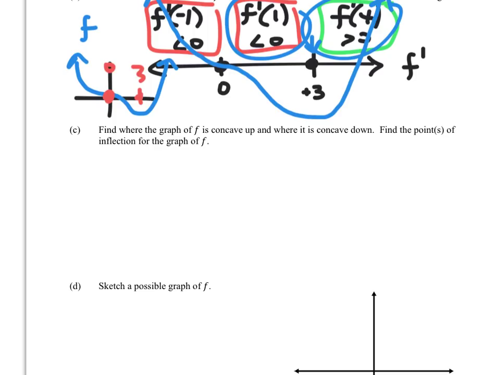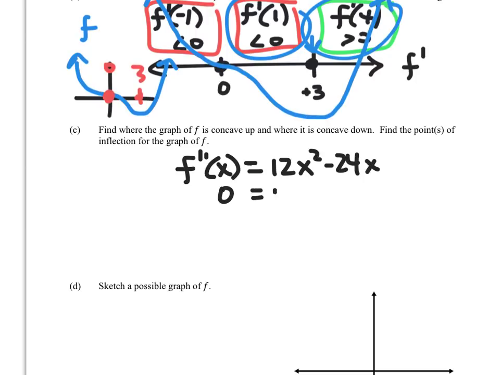In the next part I want to find where f is concave up, so I'd find the second derivative of f of x, which is just the derivative of the first derivative, giving me 12x squared minus 24x. If I set that equal to 0, I pull out a 12x, which leaves x minus 2. So the second derivative is 0 when x equals 0 or 2.